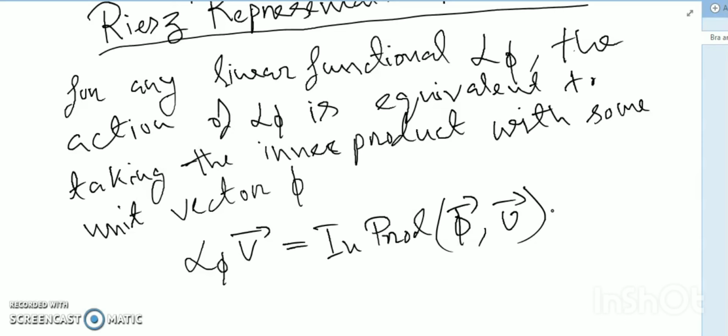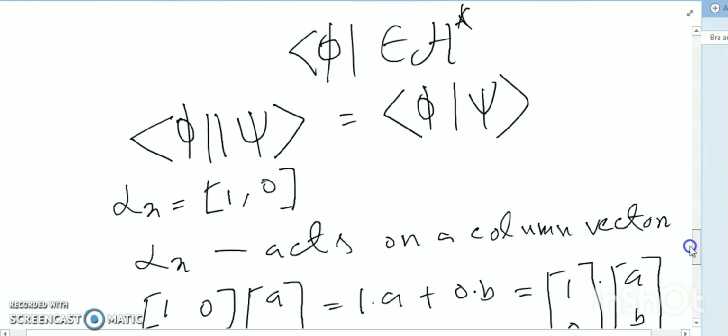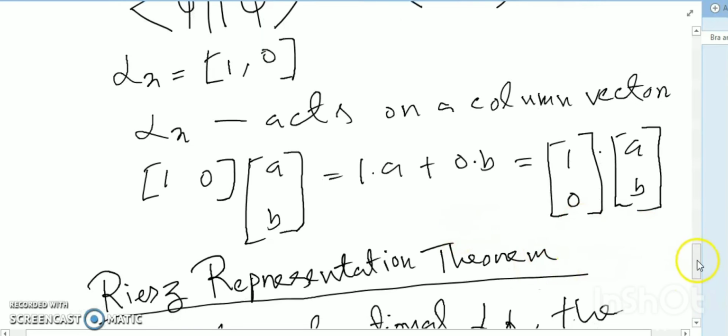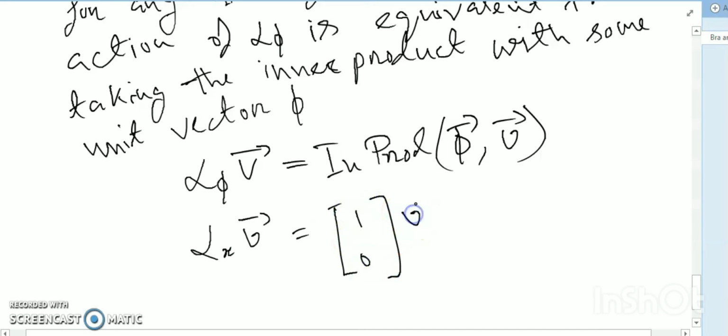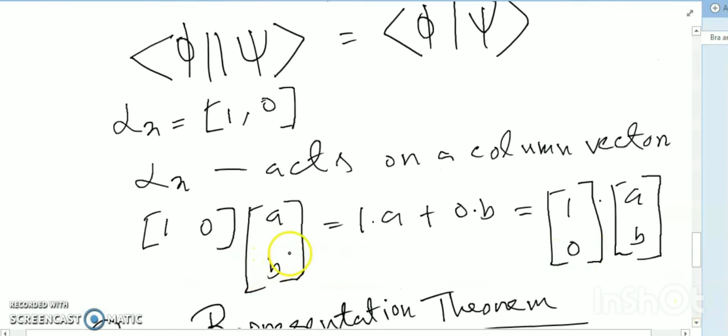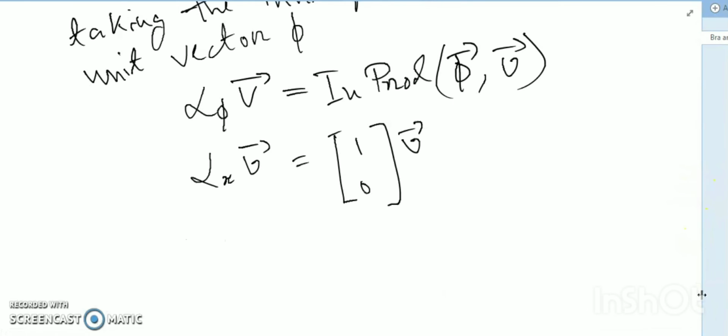What is the Riesz representation theorem? I hope you can understand what I want to say. You see my previous example, Lx of v is equal to the inner product of (1, 0) and v, where phi is (1, 0) and v is (a, b), or any arbitrary vector.